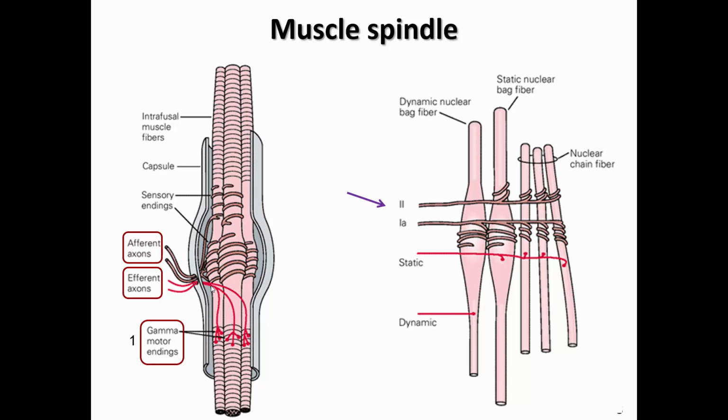And this picture only illustrates these efferent axons innervating one end, but we see that there are contractile proteins on the other polar end. It's just that this picture is not illustrating the gamma motor endings innervating these fibers as well.